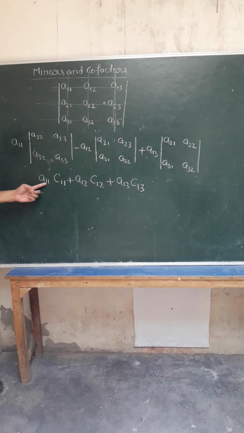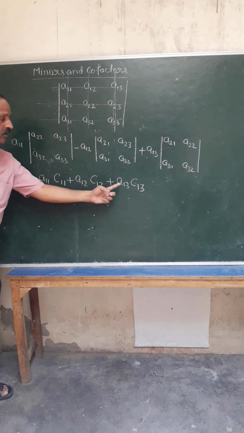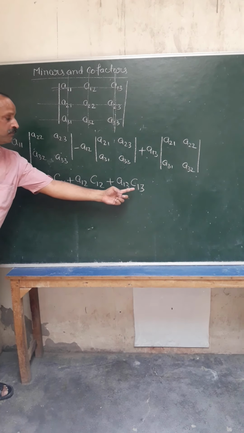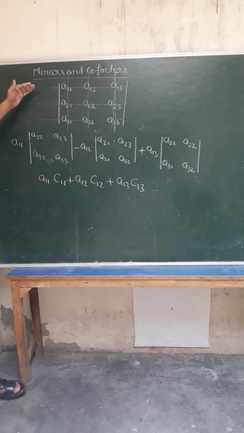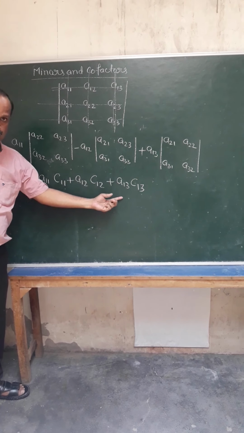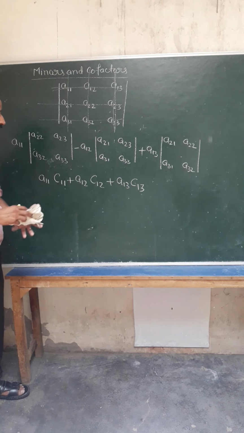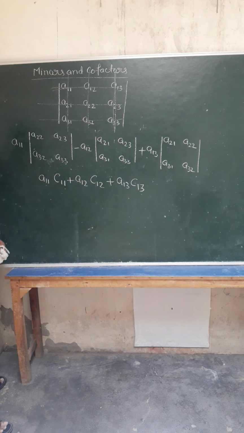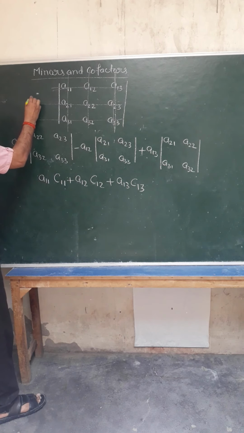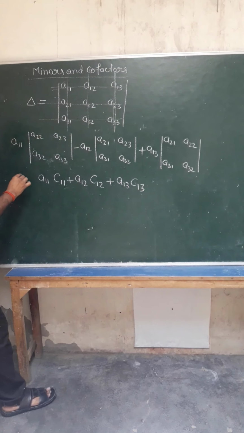Now see, these are the same: A11 C11, A12 C12, A13 C13. So when we multiply the elements of a particular row or column with the corresponding cofactors and then add, we will get the value of that determinant. If we denote this determinant by delta, then this is the value of delta.